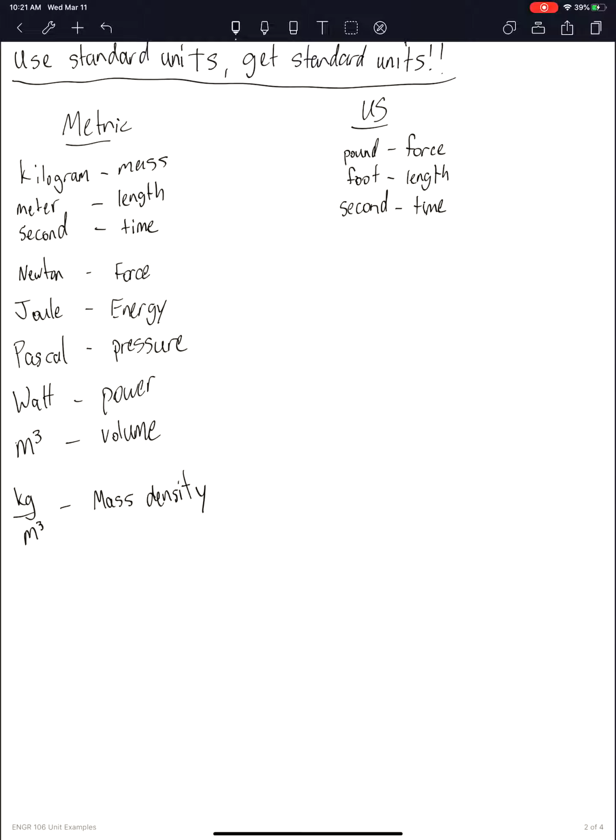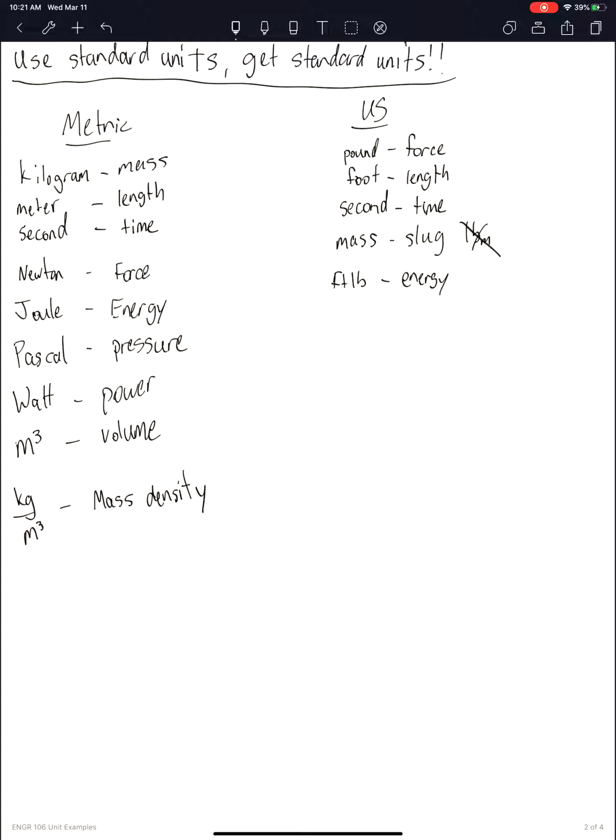For the US, we can go through the same list of stuff. So for mass, we have the slug, not the pound mass. The pound mass is non-standard, and when you see it, you should look to convert it. Let's just go down in order. For energy, we have the foot pound.